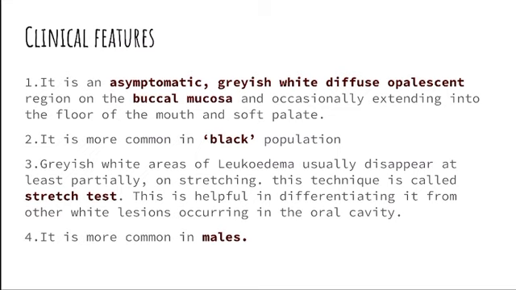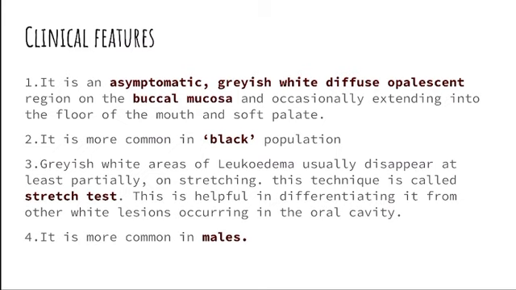Then second, it is more commonly found in black people or darker people as compared to fairer people. Then third, if you stretch these opalescent areas with diffuse grayish white discoloration, this discoloration disappears on stretching.